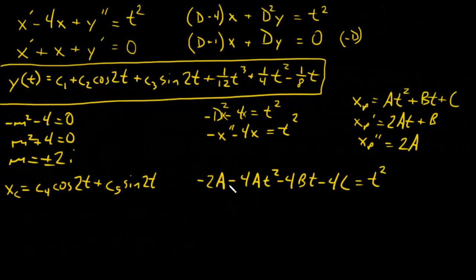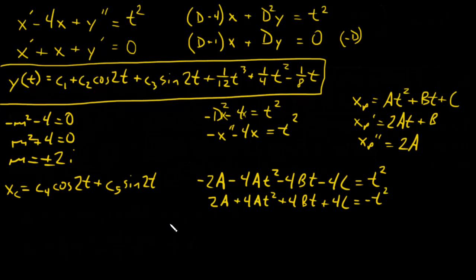If y'all are allowed, I'm just going to multiply everything by -1 to get this into a form I'm more familiar and comfortable with. So 2a plus 4a t squared plus 4bt plus 4c equals negative t squared. Yeah, that's much better. All right, now let's group terms.